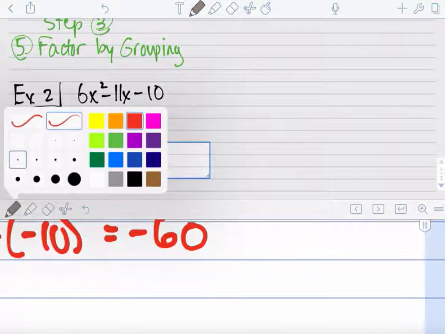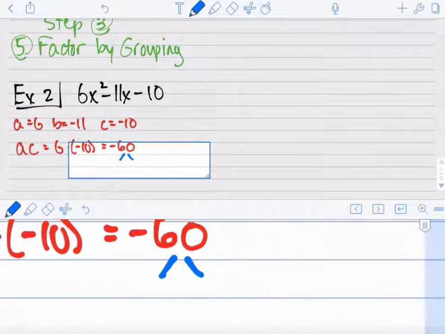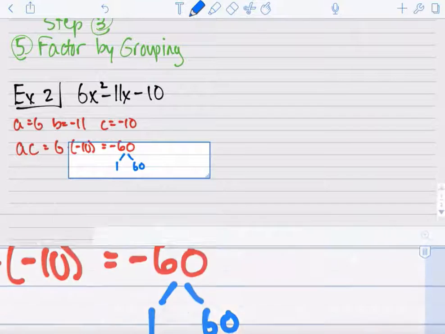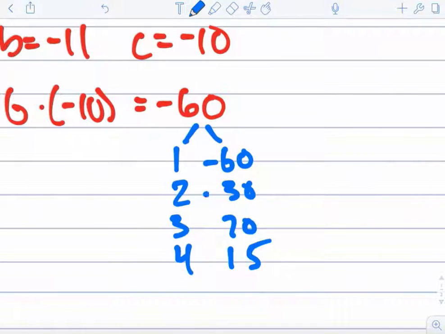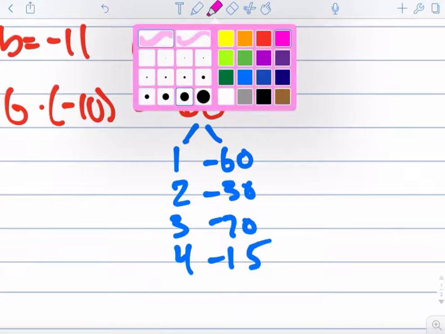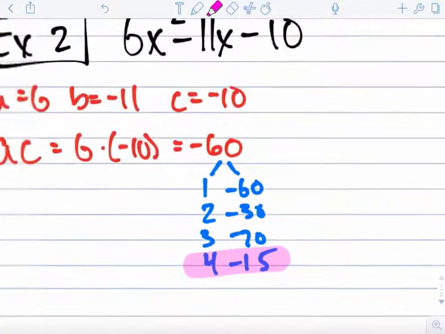So I come in over here and I'm factoring 1 and 60, 2 and 30, 3 and 20, 4 and 15. That probably makes sense. It's correct. So we pick out 4 and 15, 4 and negative 15.